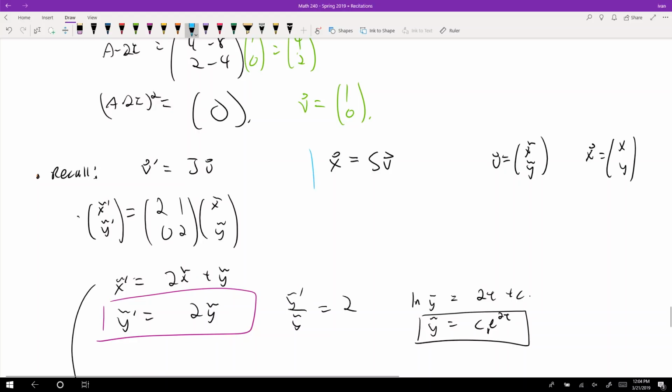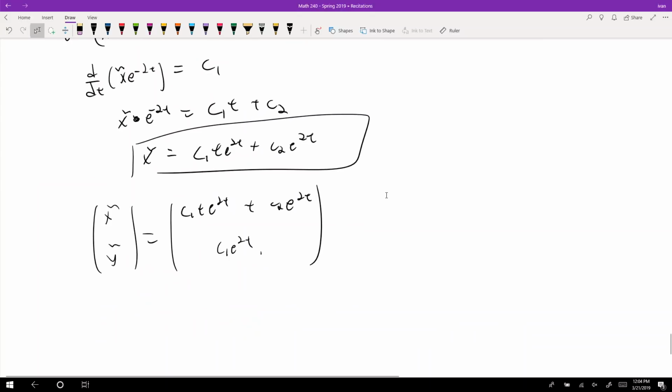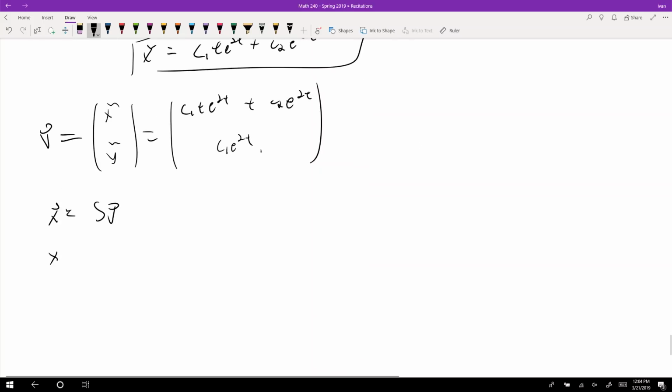And recall x is equal to s times v. This is v. So now x is equal to s, which was (4, 2, 1, 0), times (c1 t e to the 2t plus c2 e to the 2t, c1 e to the 2t).